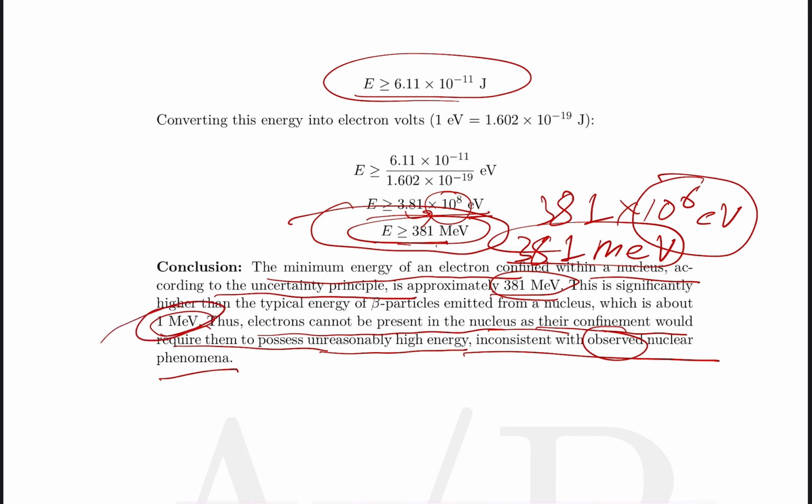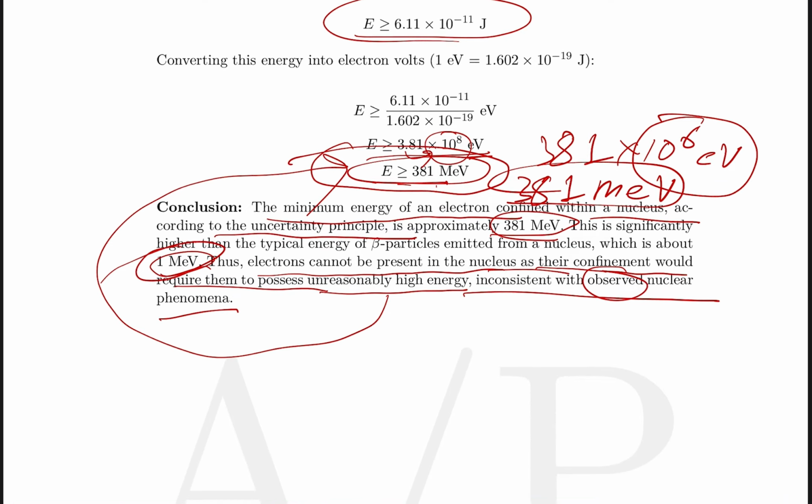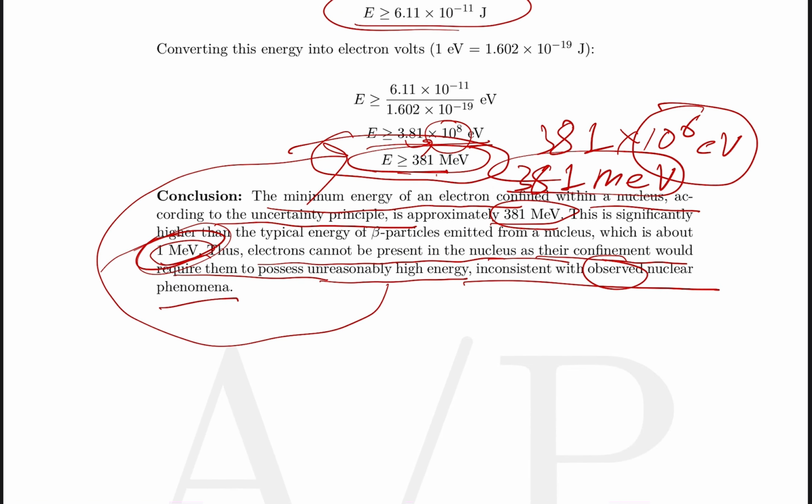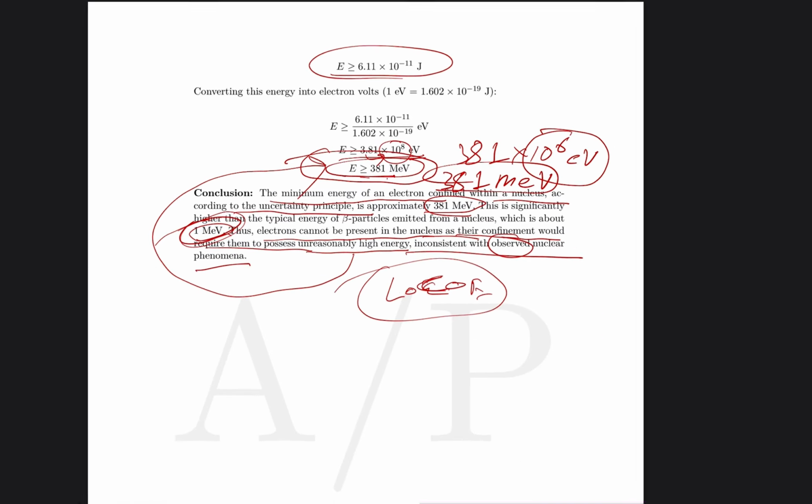So this proves that electrons cannot reside inside the nucleus, because to be inside a nucleus they need unrealistically high energy, 381 mega electron volt, but the actual energy of the particle coming out of the nucleus is only 1 mega electron volt. So it is not possible for an electron to reside inside the nucleus, because in simple words it violates the law of conservation of energy, because it requires more energy than is actually available.